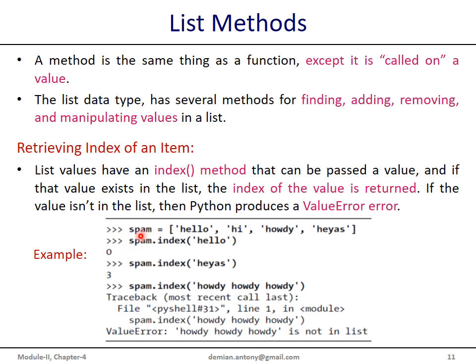We write the list name with the dot operator, which is the association operator, and the method name followed by the argument, that is a value, and this method will return an integer which is nothing but the index of that value, provided the value is present in the list. Otherwise it returns an error.